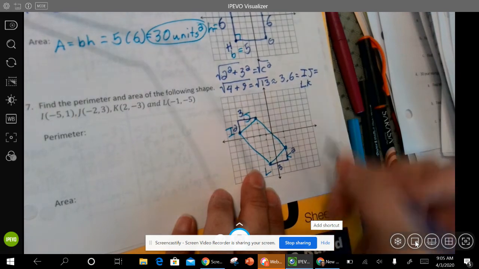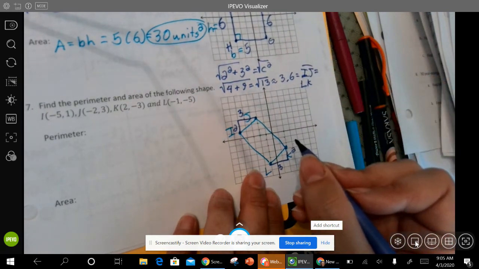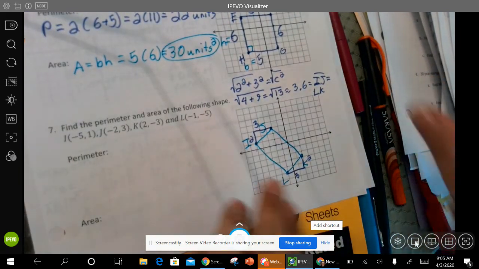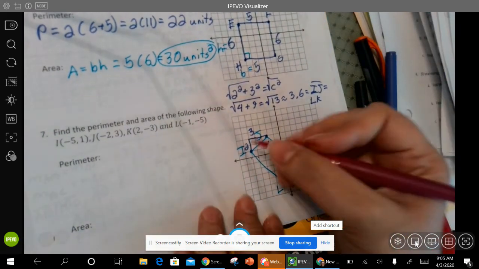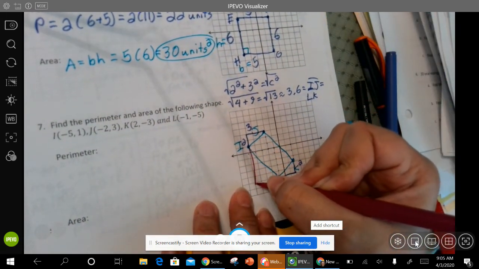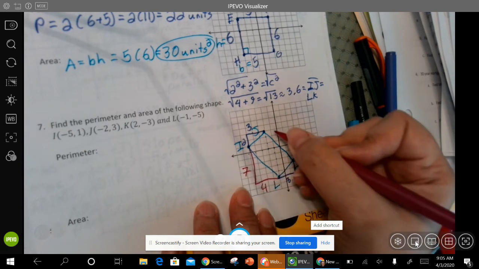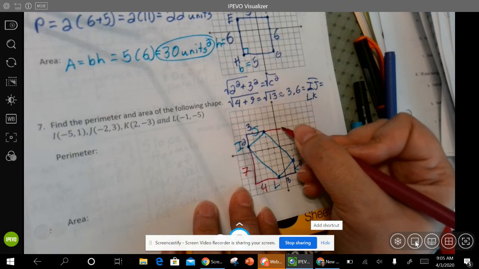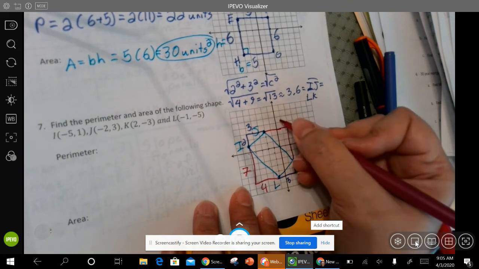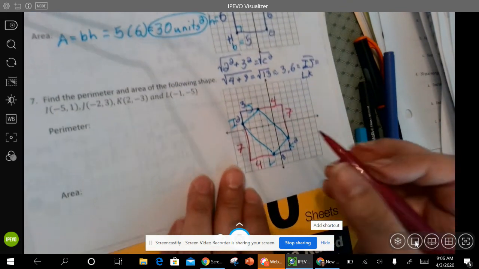Okay, so they have the same measure. And then we need to find our other side. So this is down 7 over 4, over 4 down 7. Okay, so I'm going to do that one.